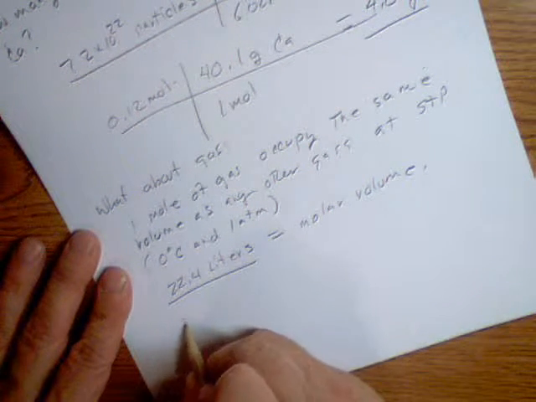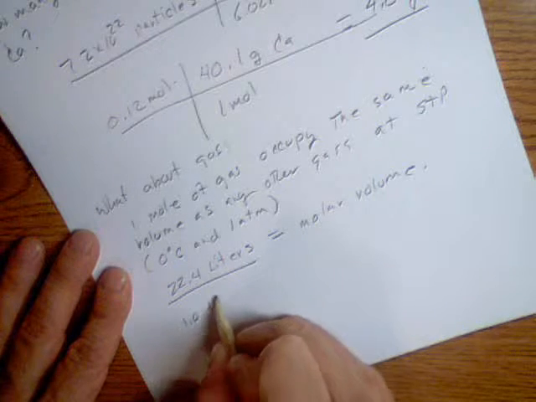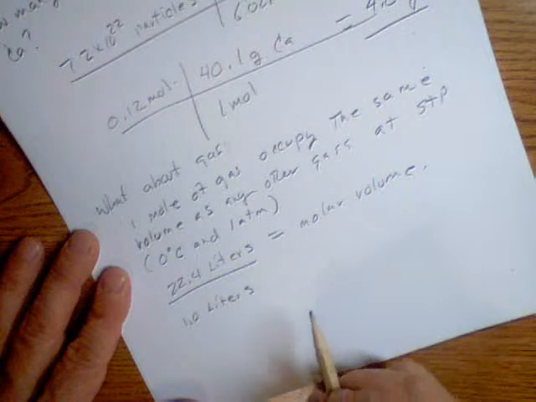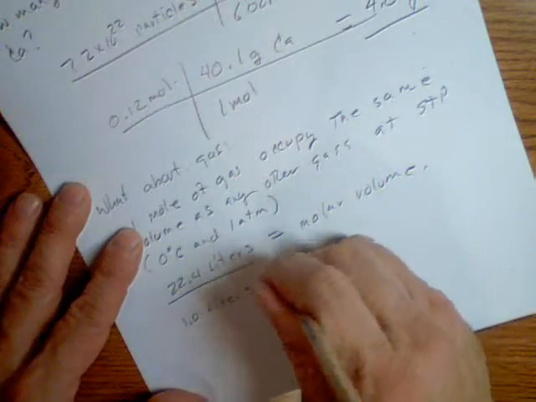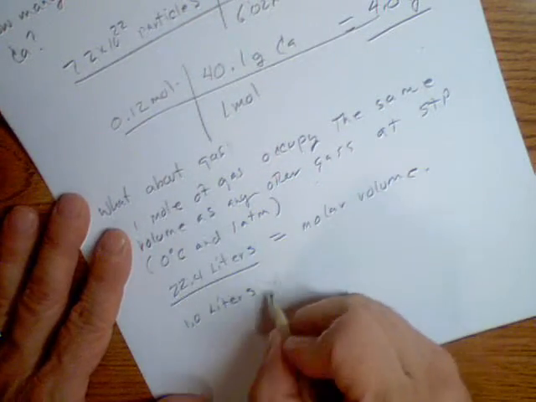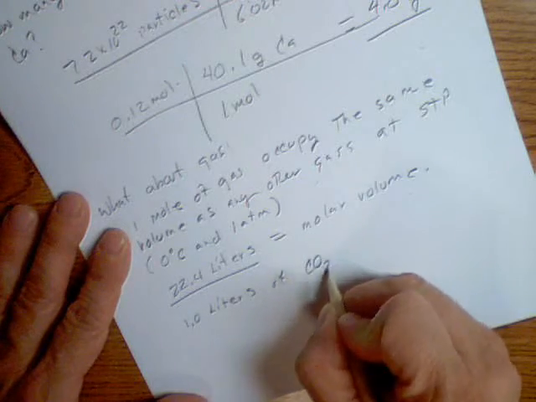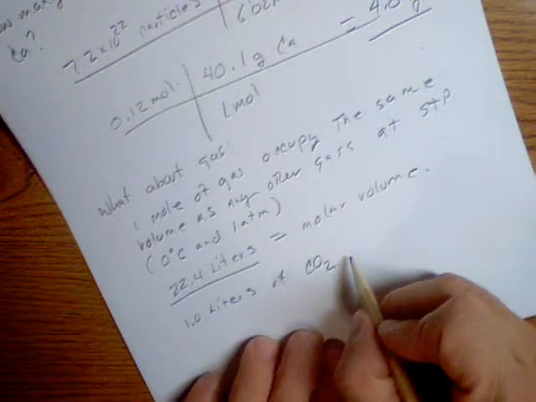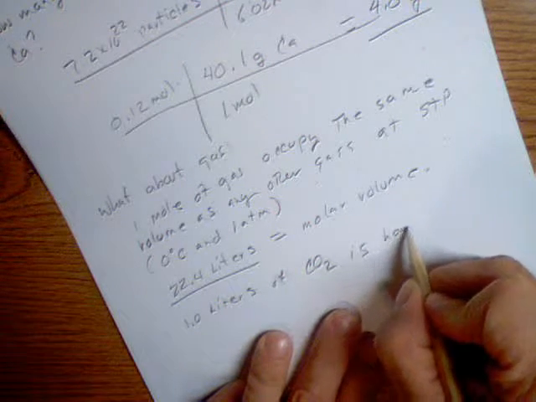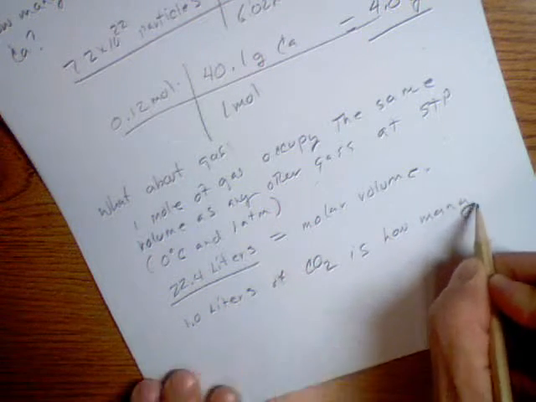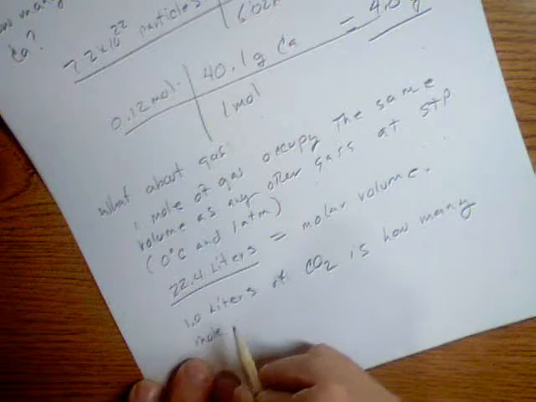Here's our problem. 1.0 liters of carbon dioxide. Here's our gas. We're not going to be able to weigh it. We won't have grams, but volume is how many molecules.